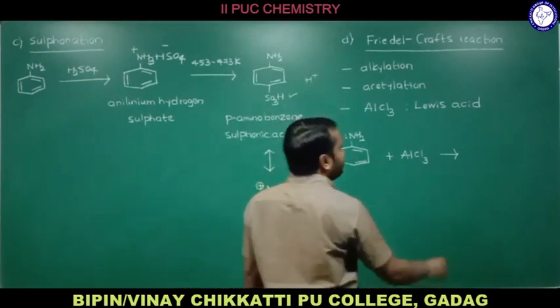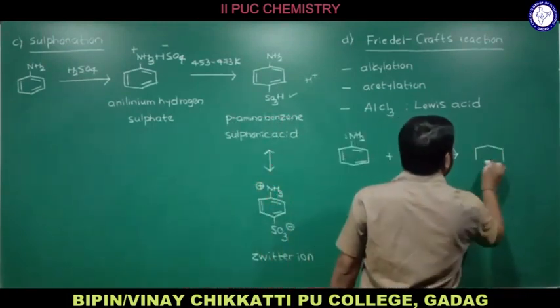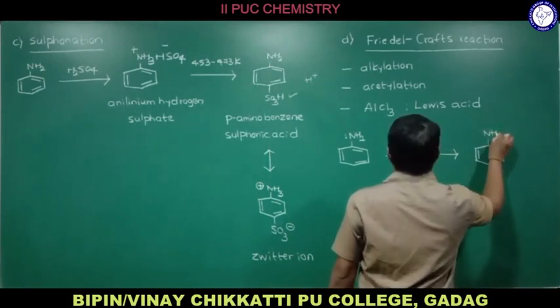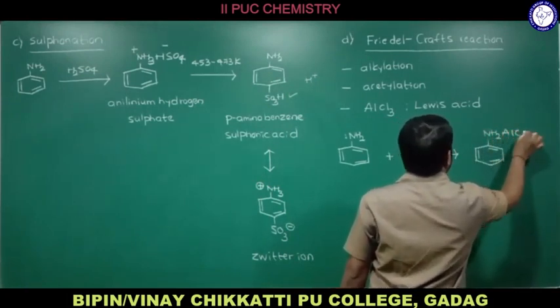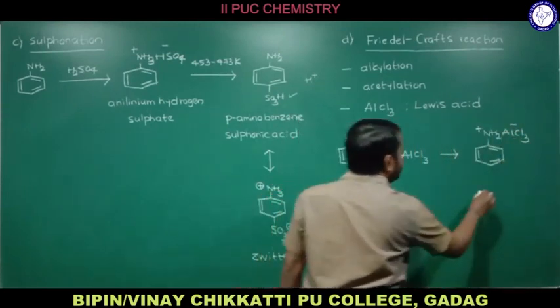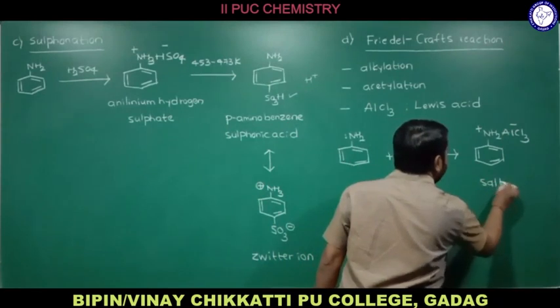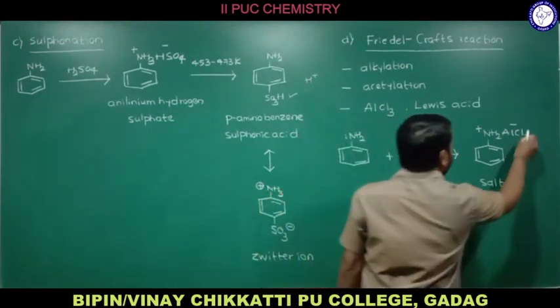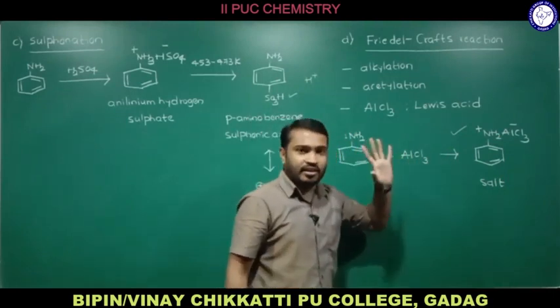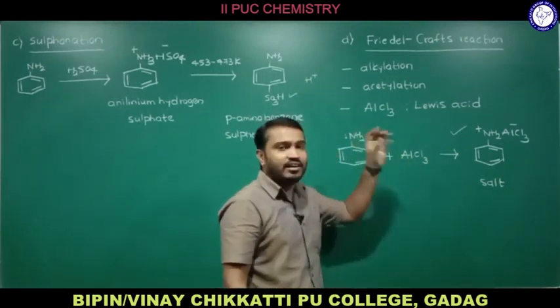Therefore there is a reaction between these two, and the product I am going to write here is NH2 and AlCl3, with positive and negative charges, and this is a kind of salt we are going to get here. This group we get here is going to deactivate the benzene ring. In simple terms, this is a deactivating group.